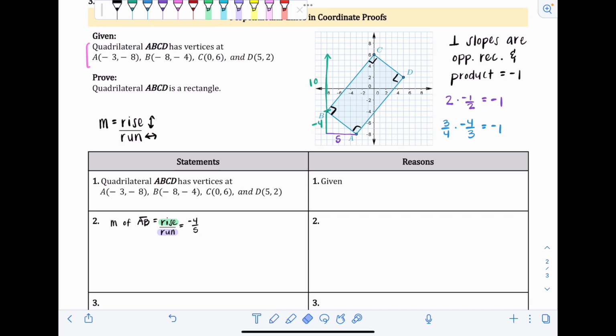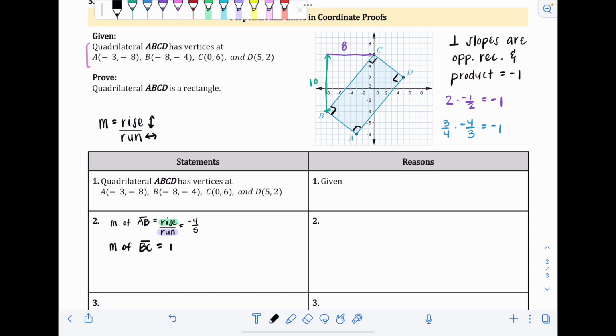I think I am going to take away the old slopes just because it makes it look like it's all part of one big line. So the rise was 10, and then the run, we're going from B to C, so we're going over 1, 2, 3, 4, 5, 6, 7, 8. So the run is 8. So for the slope of segment BC, same thing, rise over run.